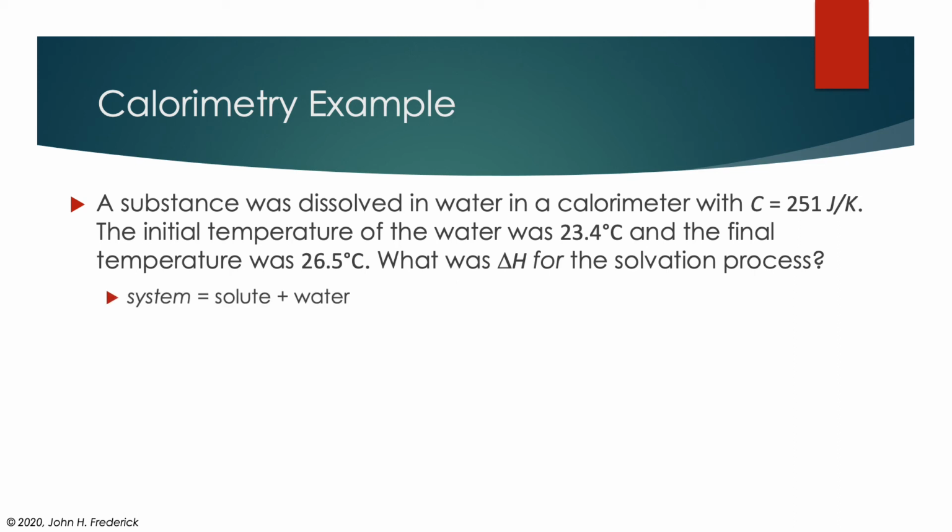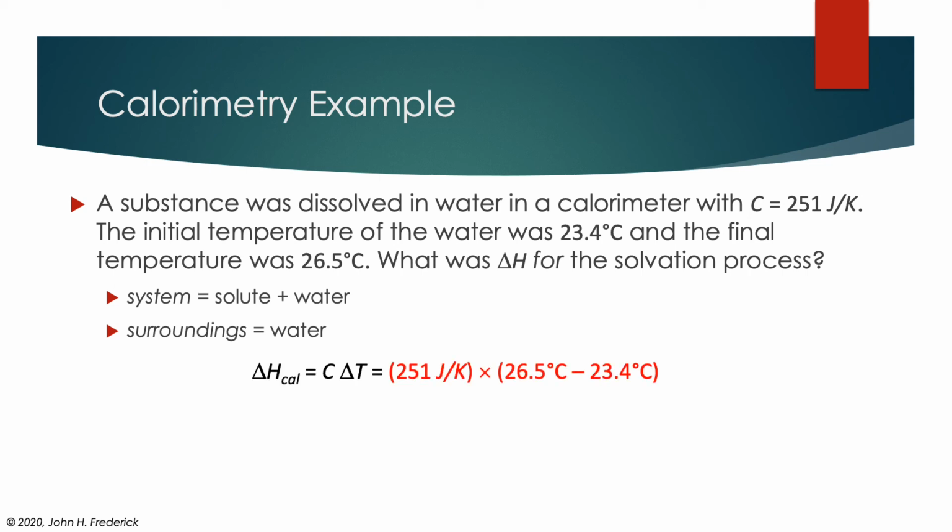Now, let's be clear that the system is both the solute and the water. But in this case, we've got a very interesting situation where the surroundings also is the water. So the water is kind of playing a dual role here. It's part of the process that we're measuring, but it happens to be one of those rare cases where we can directly measure the temperature change that goes on there.